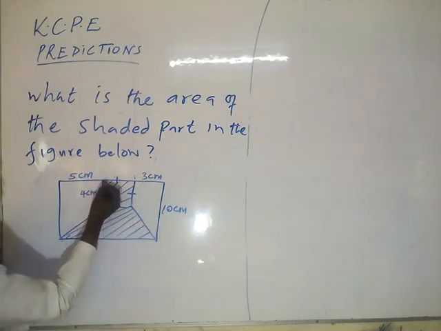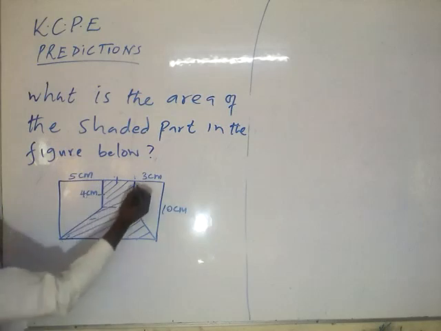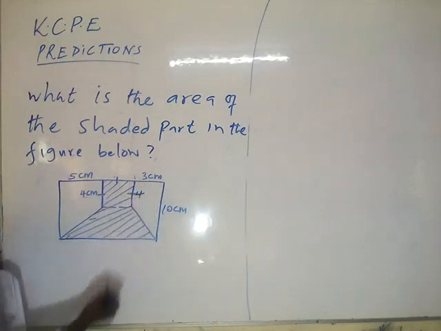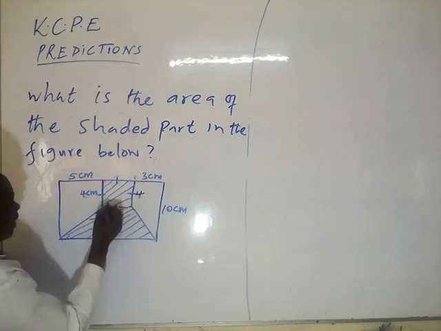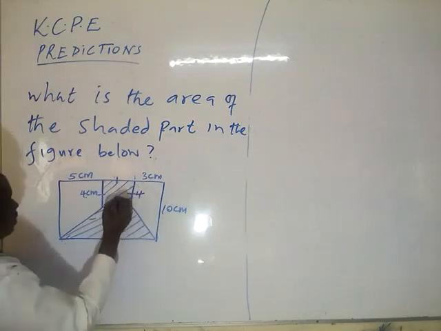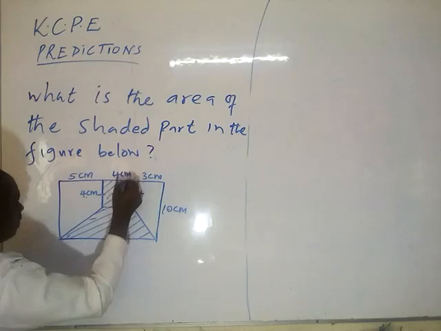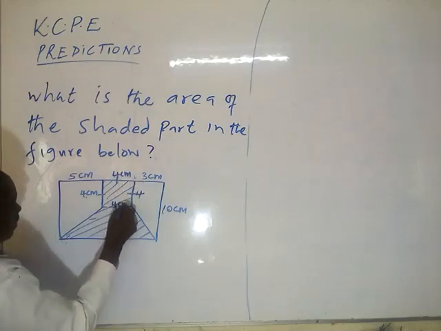So we have been given from here up to here is 4. So it means from here up to here is 4. If it is a square, it means all sides are equal. It means here is 4 centimeters.